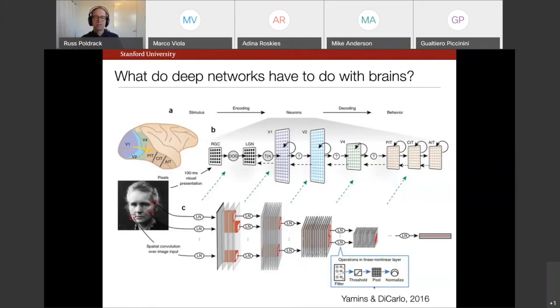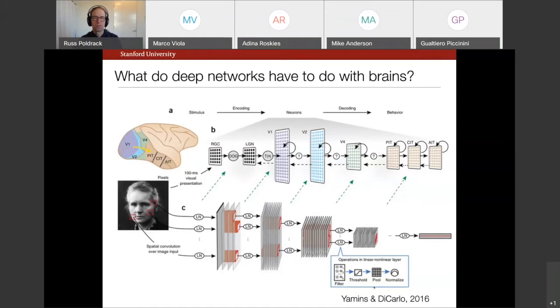So what Dan's work has basically shown is that if you take a network that's been trained on a particular set of images to do the object recognition problem, a behaviorally optimized network, and then you take an animal and have it view the same images, you can use the signal from the neural network to predict patterns of activity of neurons in the primate brain, even though the network doesn't know anything about the primate brain.